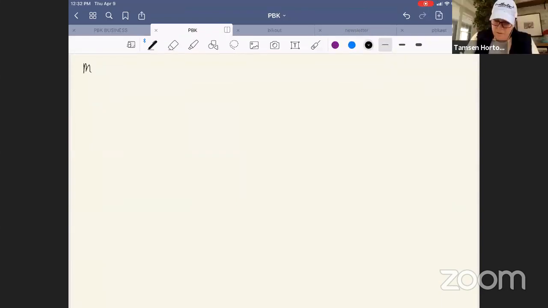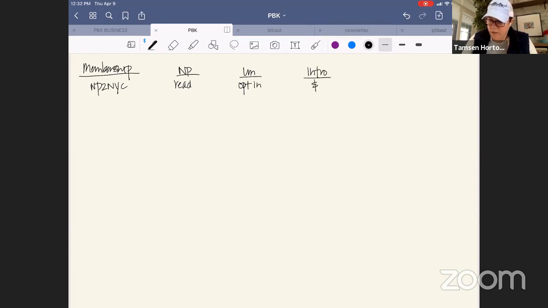Yep. So we'll do where we always start. North Pole to New York City. So North Pole, our cold traffic, which is our lead magnets. Lead magnet, which is when they opt in. Intro, which is typically our lower dollar.